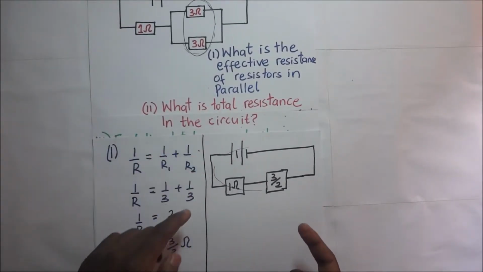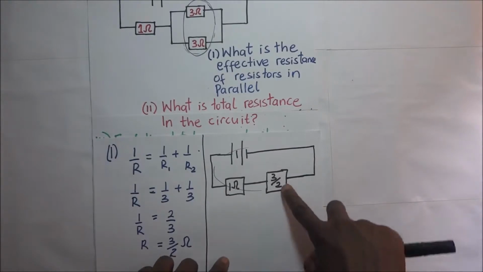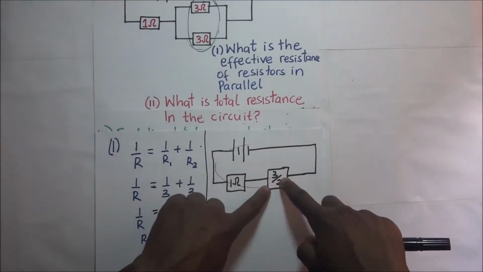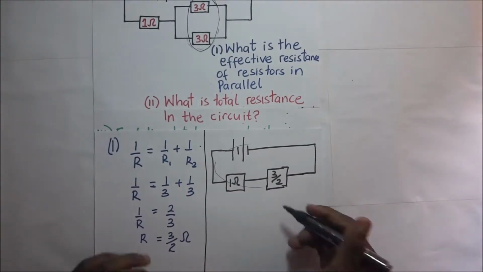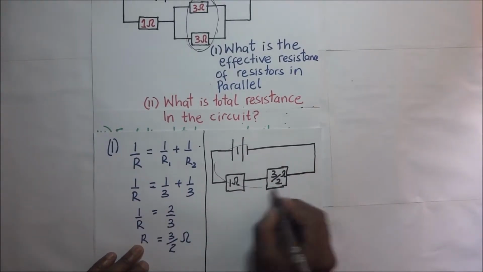Now we can go ahead and find the total resistance in the circuit, which is the effective resistance of the parallel combination, 3 over 2 ohms, plus the 1 ohm. These two are in series, so we just add them up.